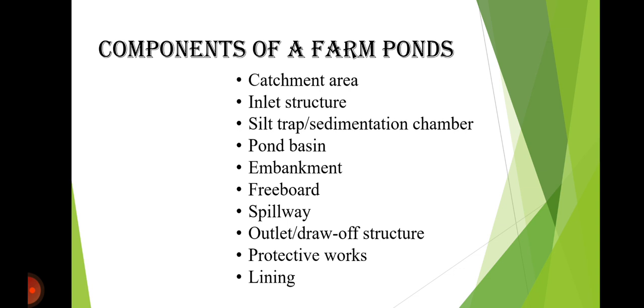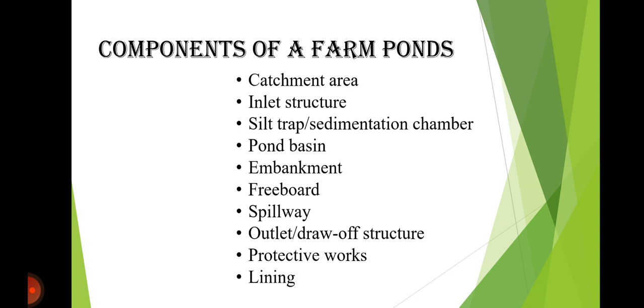Once again, repeating: catchment area, inlet structure, silt trap or sedimentation chamber, pond basin, embankment, freeboard, spillway, outlet or draw off structure, protective works, lining. The last one is lining. Lining is just an optional component. It is not a main component.